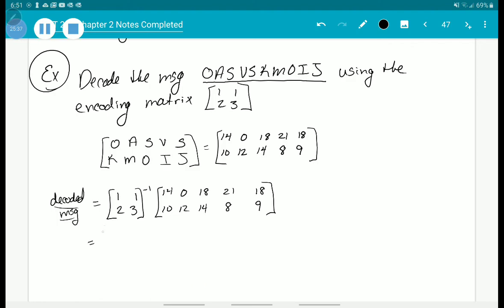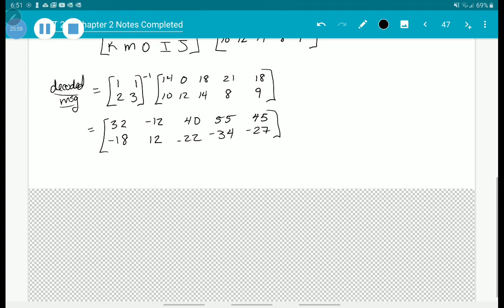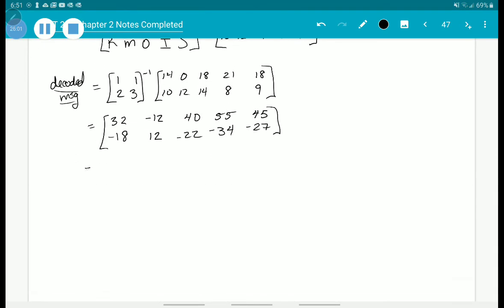So when I multiply, I get this. Which is cool, except we need to apply modular arithmetic. So we're going to mod 26 every number.